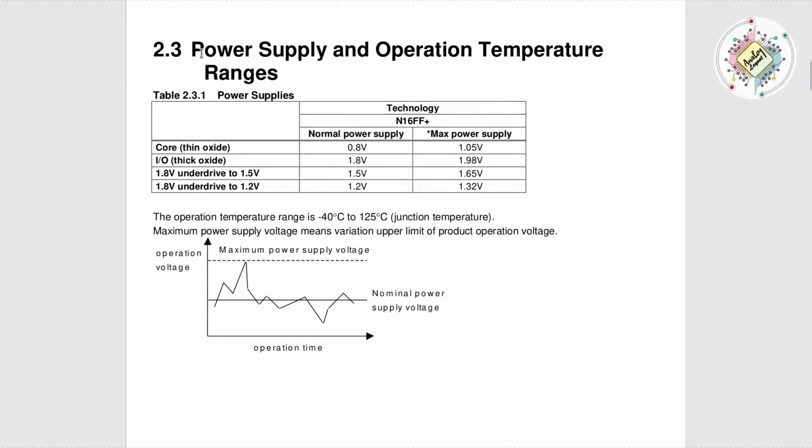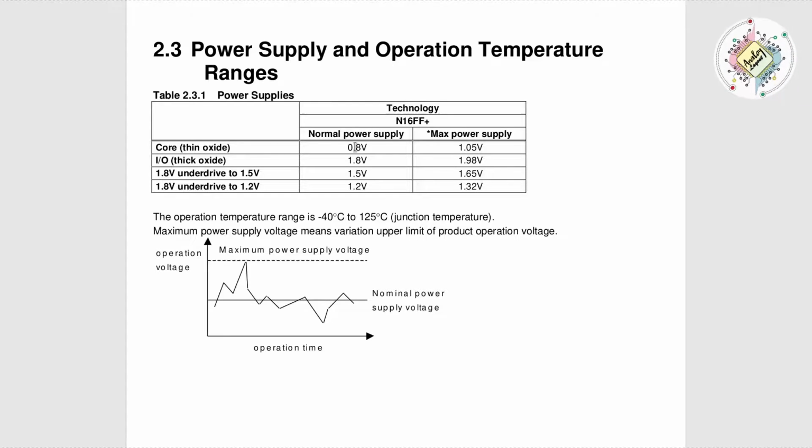In this slide we are going to discuss the power supply as well as the operating temperatures of the devices. We have core devices, which are generally thin oxide devices, and then we have IO devices, which are thick oxide devices, and then there are 1.8 volt to 1.5 volt underdrive devices. First we will look into the core devices.